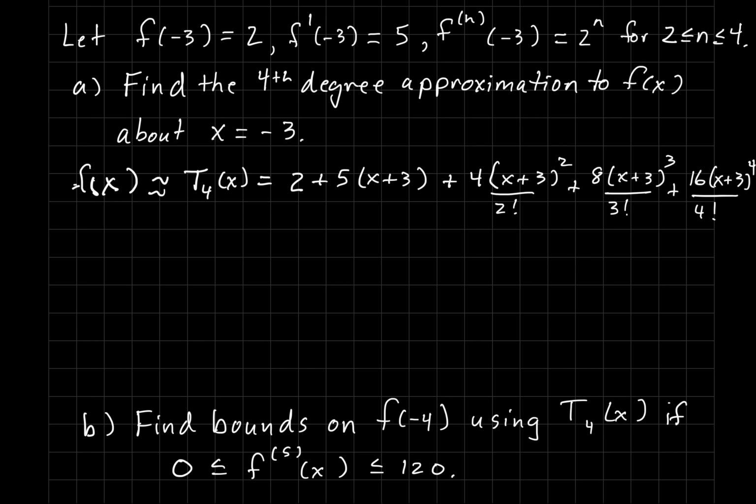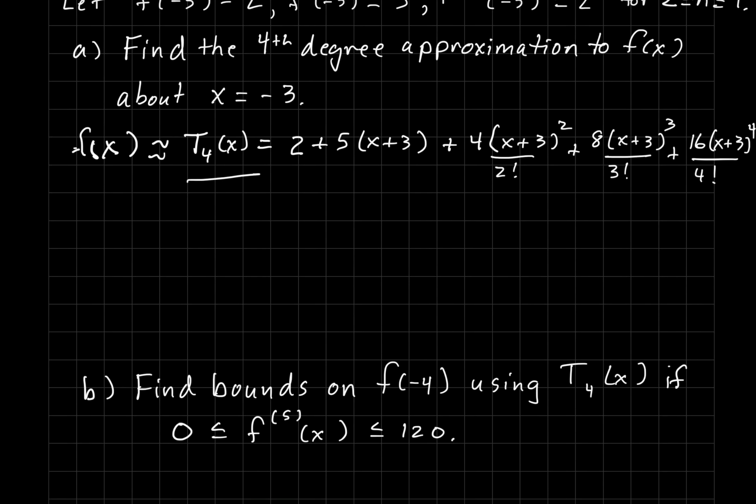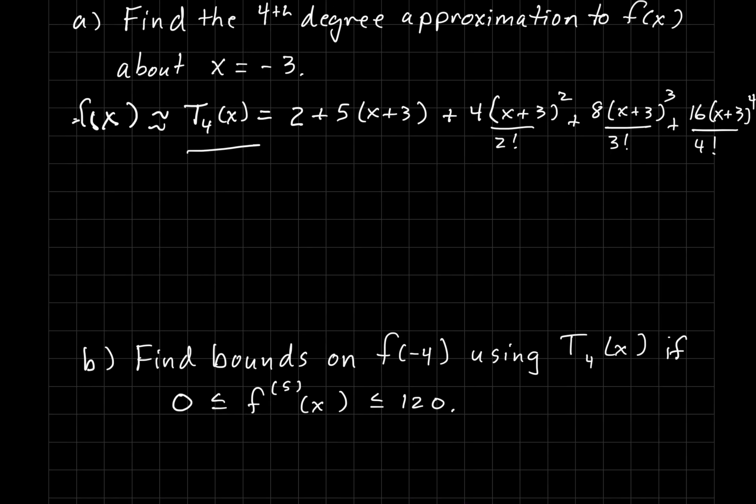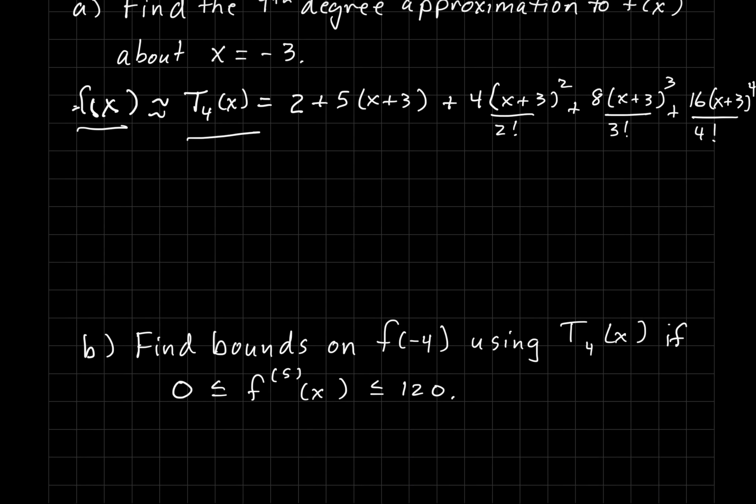Now for this problem, I want to find bounds on f of negative 4 using my fourth degree polynomial approximation, given that the fifth derivative is always between 0 and 120. So I'll leave my f of x up here so we can see this.